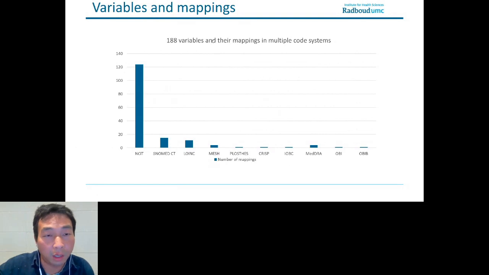And for this, we identified 188 variables. And you see that the most frequent code system that we can find an existing match in is the NCIT. But unfortunately, it only covers around 120.